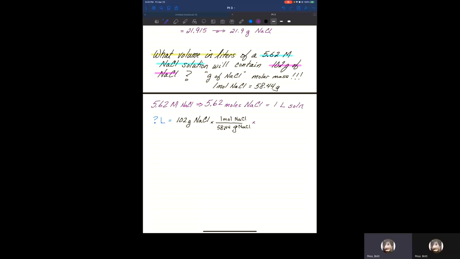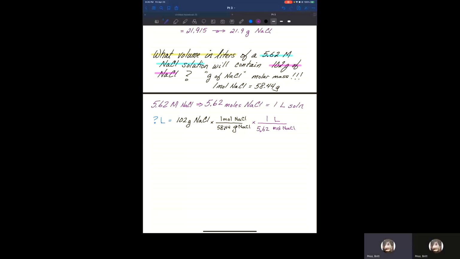I have moles of NaCl, so I want to get rid of moles of NaCl. And I want to go to liters. Well, according to the question, there's 5.62 moles of NaCl for every 1 liter of solution.